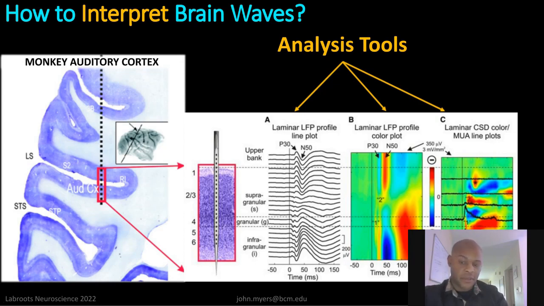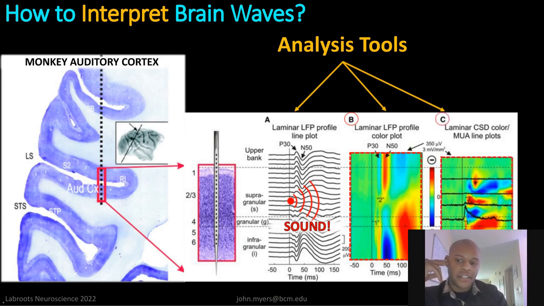And if you play a sound, the next panel over in A shows the actual brainwaves themselves. If you play a sound at this time 0, you can see the brainwave response to the sound in auditory cortex. Panel B shows us if we make all the negative voltages one color and the positive voltages another color, we can see that there is a spatial distribution of these waveforms across the cerebral space.